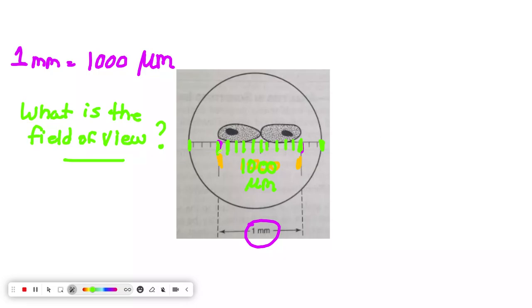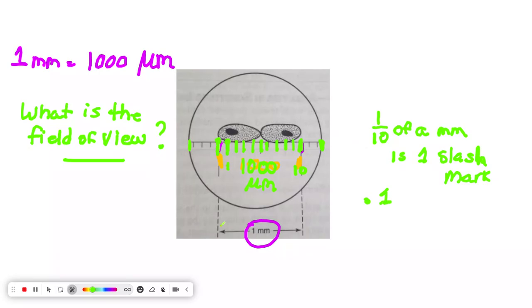So each slash, not counting the first one because that's the first one, that's 1. And then this one would be 10. So 1/10 of a millimeter is 1 slash mark. So we know that from here to here is 1/10 of a millimeter, or 0.1.